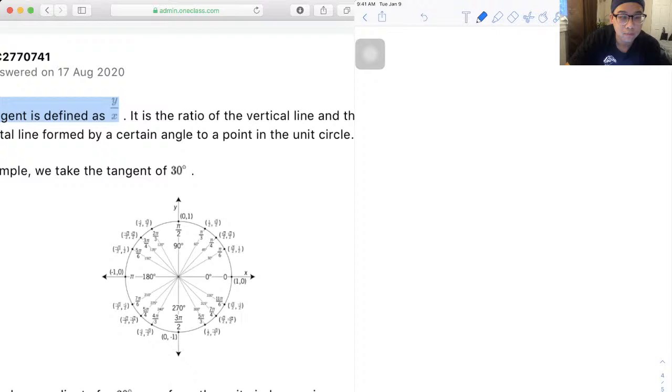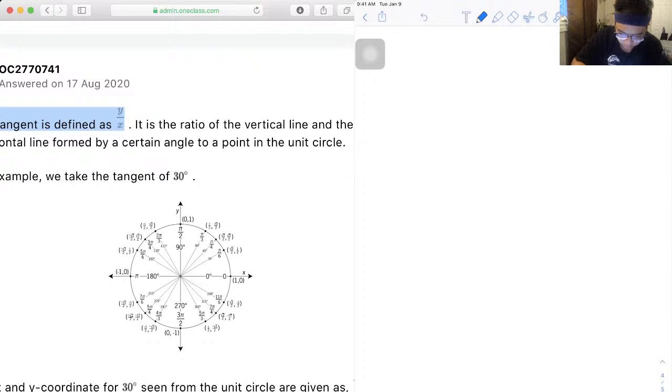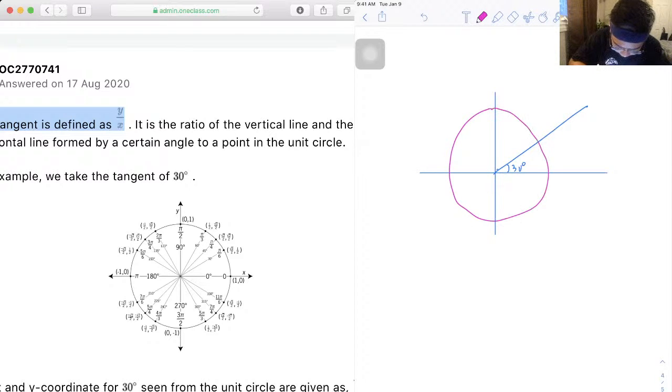All right. Okay, so I'll draw the graph on my paper as well. So here's 30 degrees, and that's our unit circle.